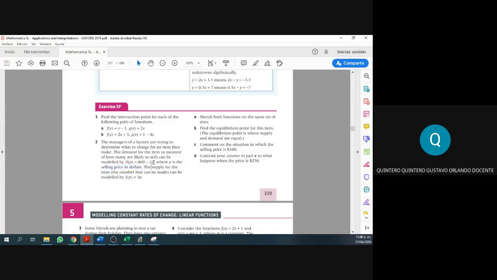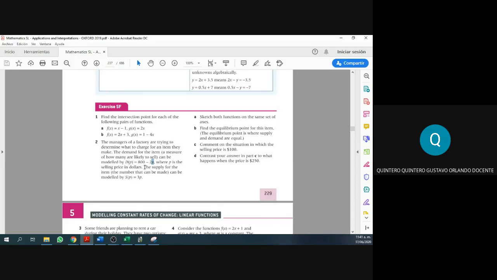So according to the selling price, we have our demand. So you would assume if we have a lower price, so P is low, then the demand is pretty high. And it makes sense, because if we don't have to pay a lot for the item, then everybody wants to have that item because it's really cheap, right?